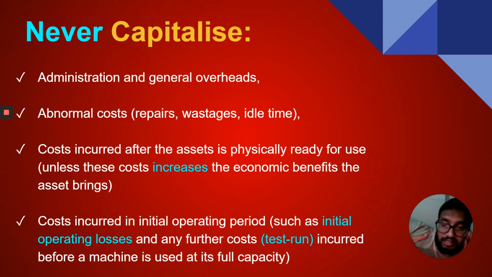Second will be your abnormal costs. What are abnormal costs? Those associated with repairs, wastages, and when you have idle time. Even though the machinery is prepared in June, it only starts to work from July, which means 1 month of idle period, right? That should not be capitalized.